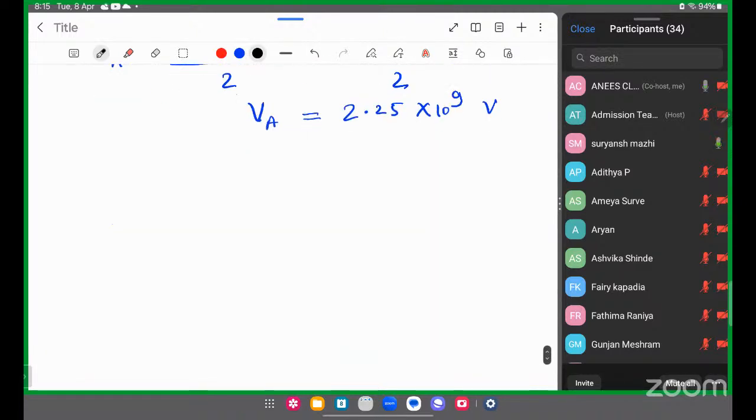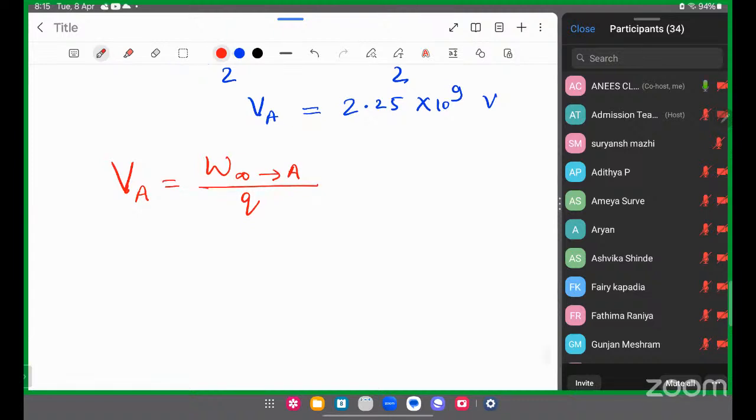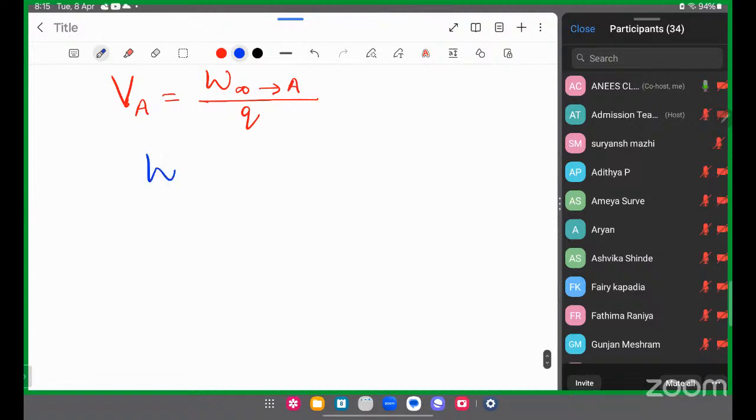Yes, we know that potential at any point is defined as work done to carry a charge from infinity to that point divided by the charge which we are taking from infinity. So in this case, work done W can be given by simply Q into VA.